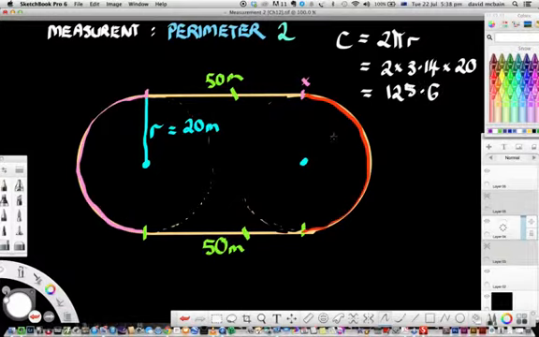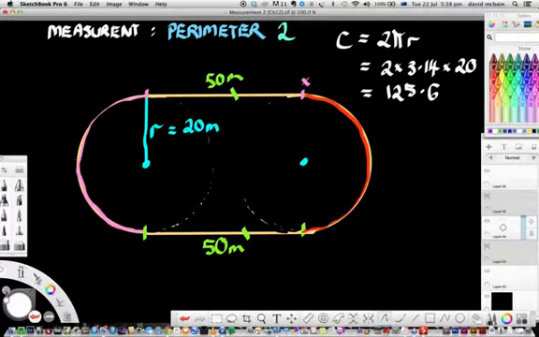But hang on a sec. This red bit is the same. And if we put the pink bit together with the red bit, both of these together will make up a full circle if we join them together. So in actual fact, this distance plus the red distance will add up to 125.6. So you may have already seen that.